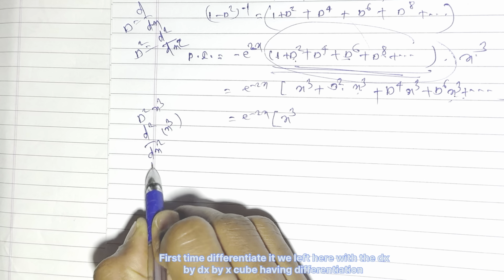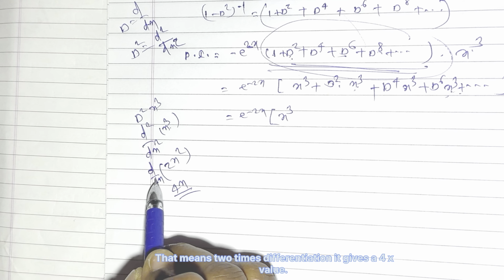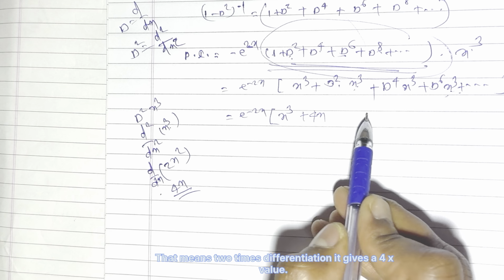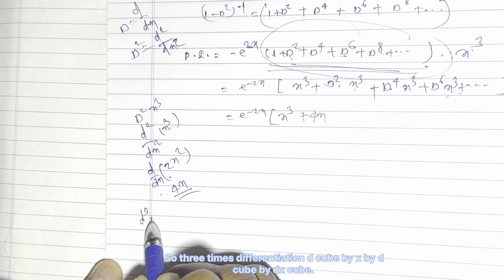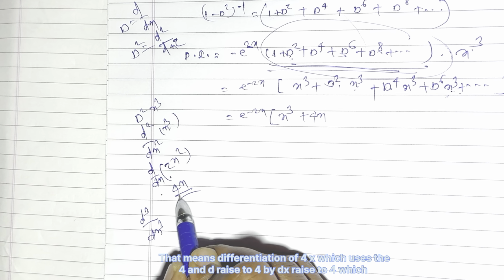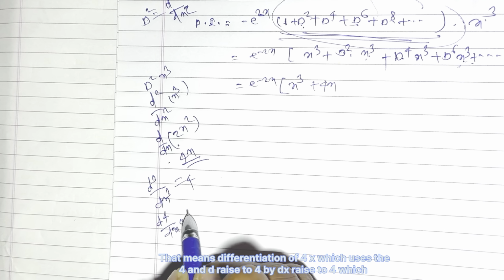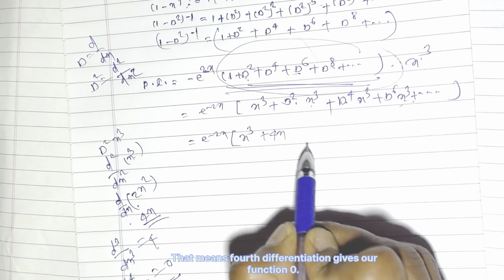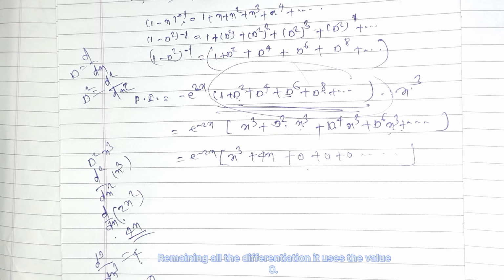First time we differentiate, we get d by dx of x cube as 3x square. Differentiating again gives 6x, then the third differentiation, d cube by dx cube, gives 6. And d raised to 4 by dx raised to 4 gives 0. That means the 4th differentiation gives 0, the 5th also goes to 0, and all remaining differentiations give the value 0.